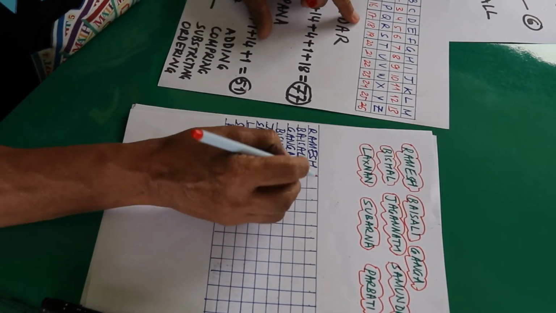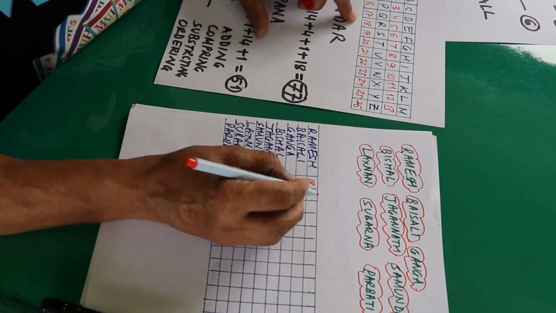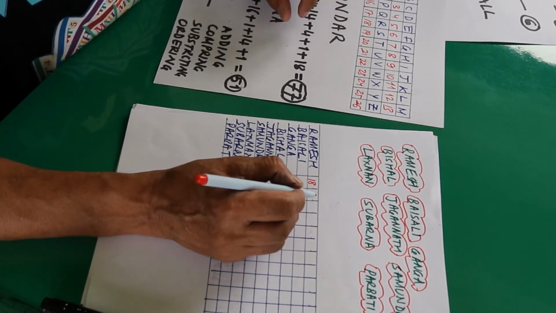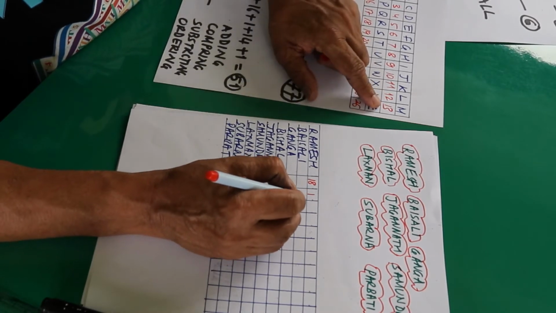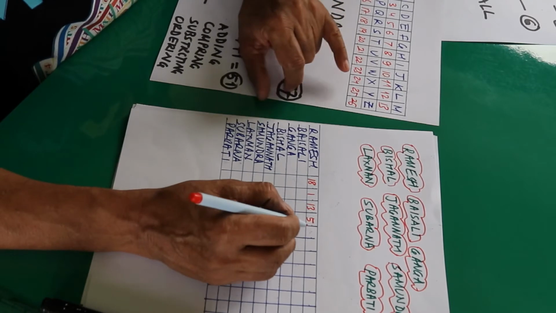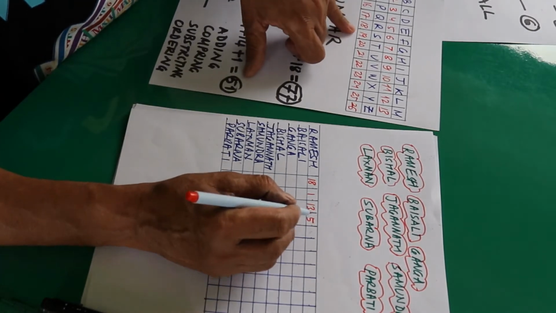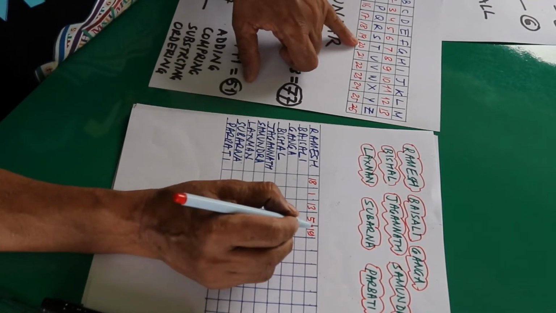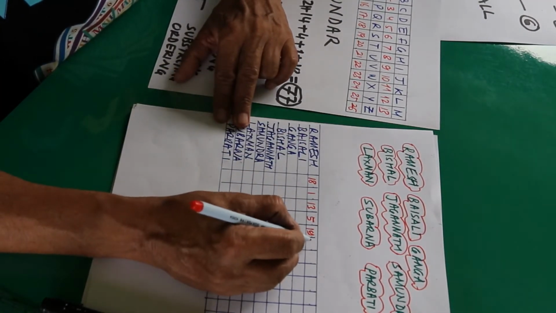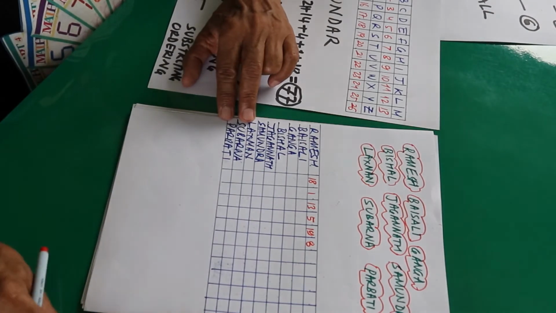From this sheet, for example, I am doing one of them. R has the number 18, A has the number 1, M has the number 13, E has the number 5, S has the number 19, and S again 19. Okay, this way.